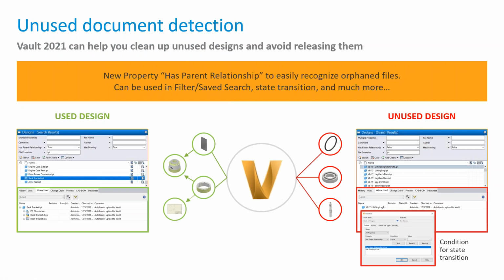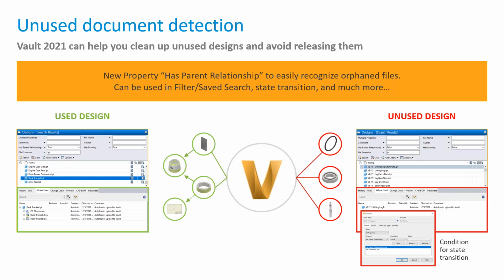Some other help for CAD users, again, pretty minor, but this could be a big deal in certain situations. There's a new property for documents that helps you find orphan files. Essentially, think of it as part files that don't have any reference. So you're in the middle of a design project, you've created a design, you've got several parts in there, or you make some parts and you check them in and never get around to actually using them in an assembly because your design direction goes a different way.